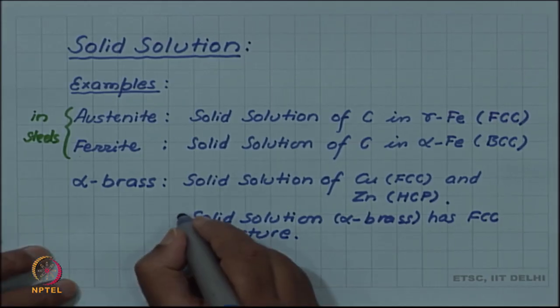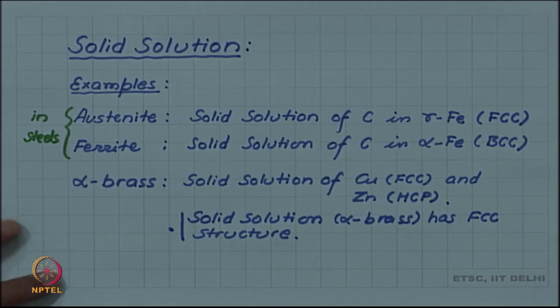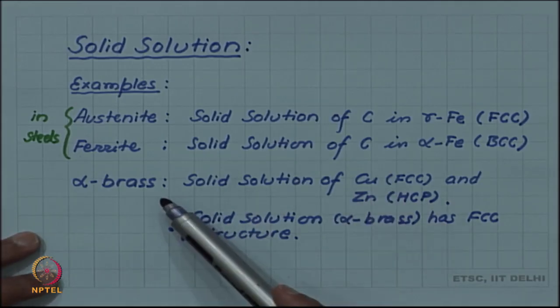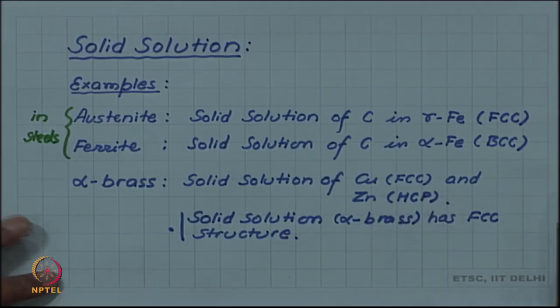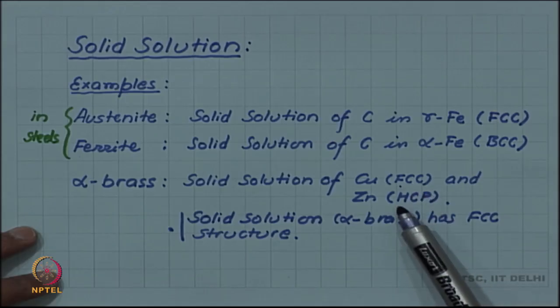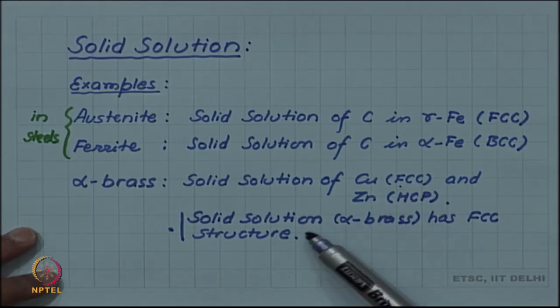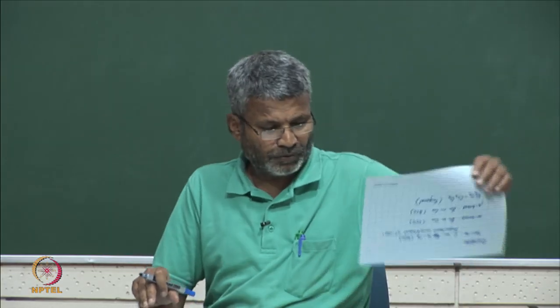As we noted in the previous discussion, solid solution will have the structure of one of the components. In this case one component is face centered cubic, another is hexagonal close packed, and the solid solution happens to have the structure of copper, face centered cubic. So, we continue with our discussion now on the types of solid solution.